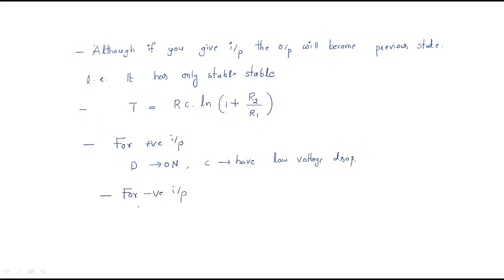For negative input, the diode D becomes off, and the capacitor is negatively charged.